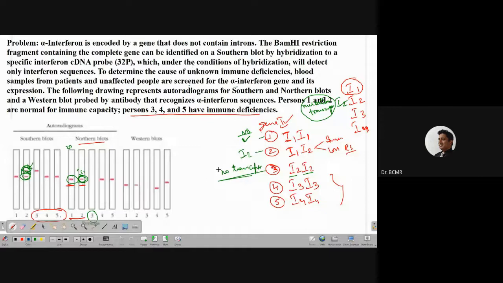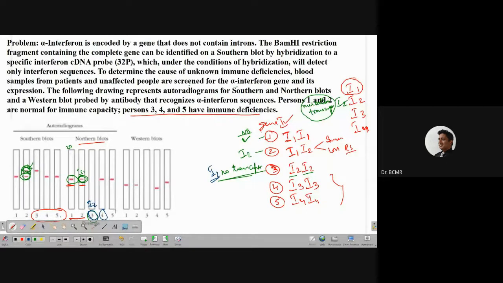So from I2, we do not have transcription. And that is why 3 is affected. The problem with 3 is the mutation because it is homozygous for I2, and that's why there is no transcription for interferon, and that's why this person is affected. Look at 4 and 5. They are the interesting ones.